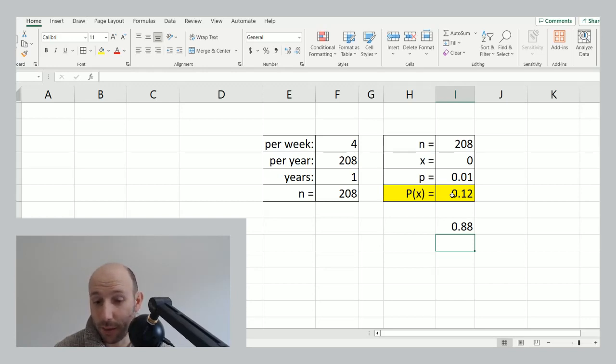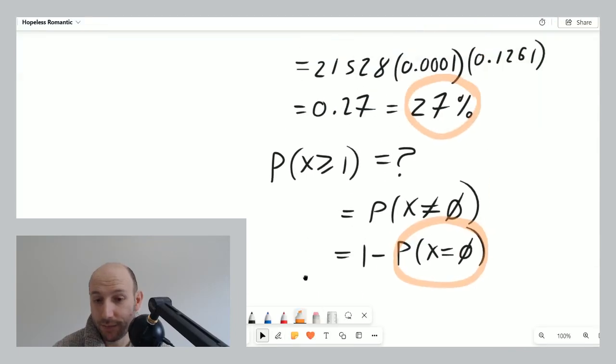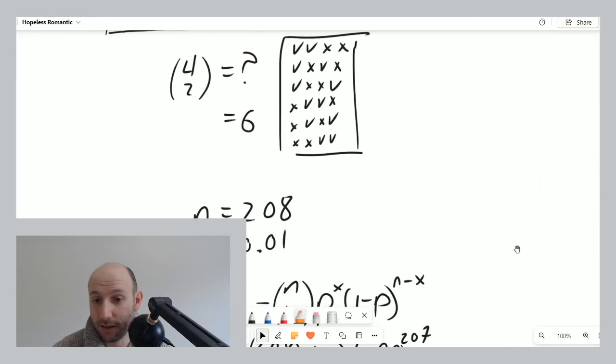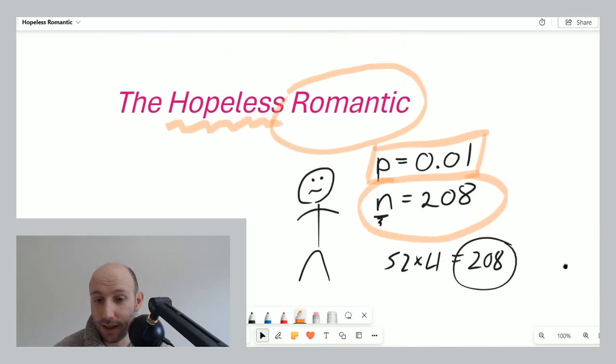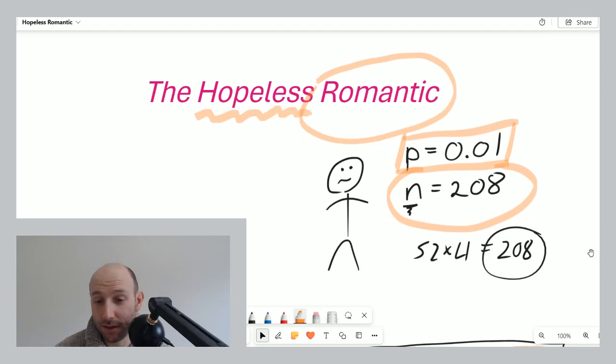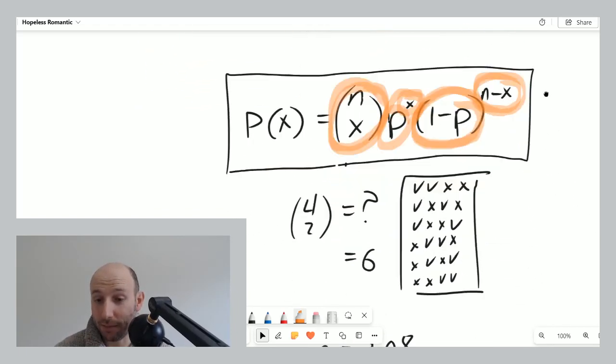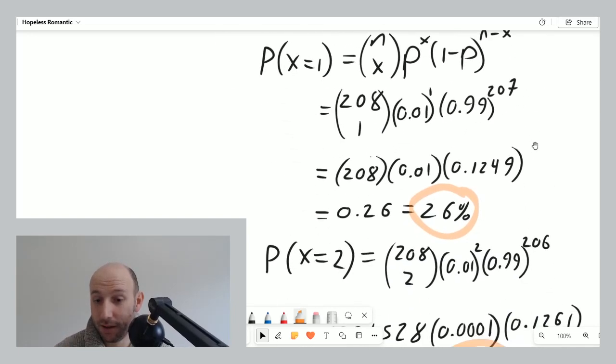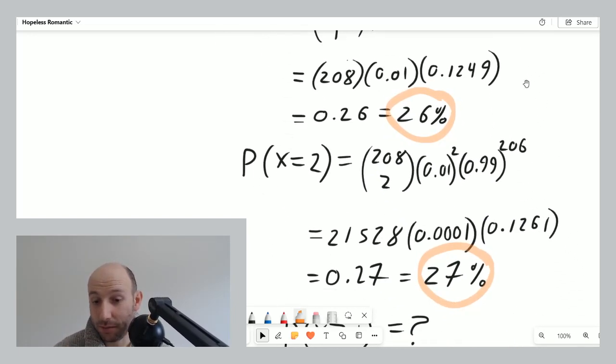So our hopeless romantic, and let me show you that hopeless romantic again. There they are. Over the course of a year, there's an 88% chance that they meet at least one person that they connect with. And as we saw, they're actually more likely to meet 2 people than 1 person.